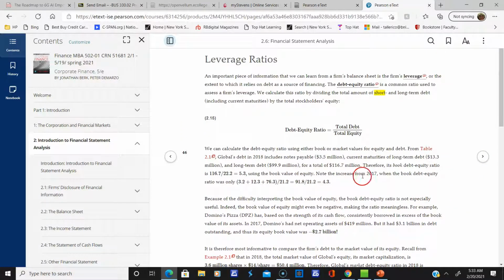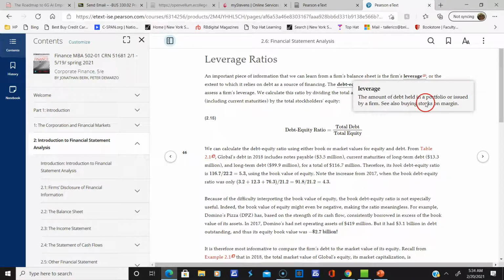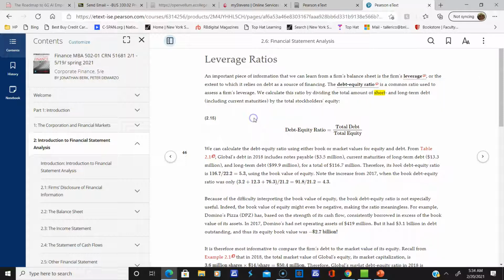All right, so these are called leverage ratios, and leverage defines the amount of debt you have in a portfolio. So if you have a lot of debt, you're really leveraged, right? We look at the short and long-term debt. So here's the debt equity ratio. Again, this is total debt to total equity.